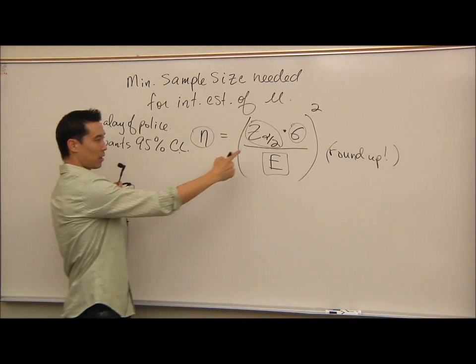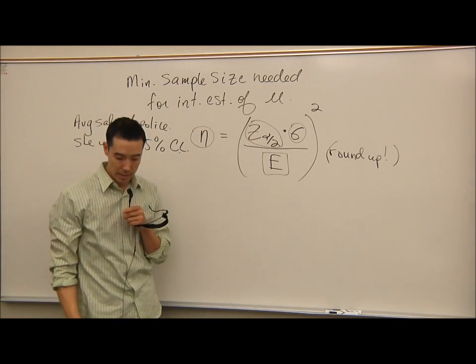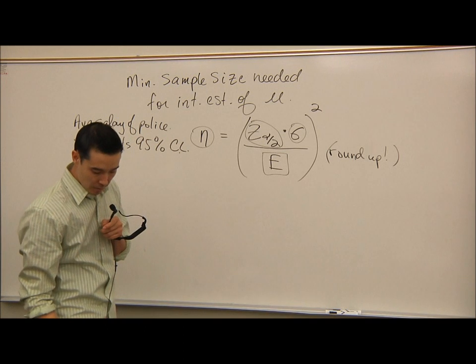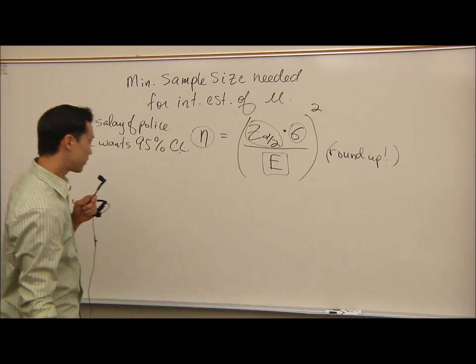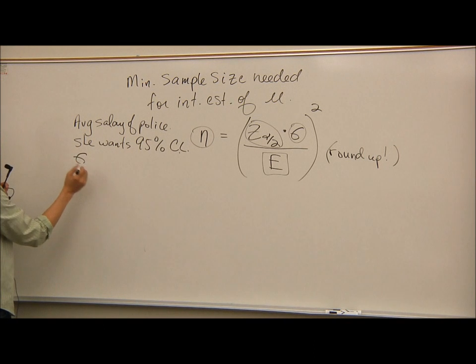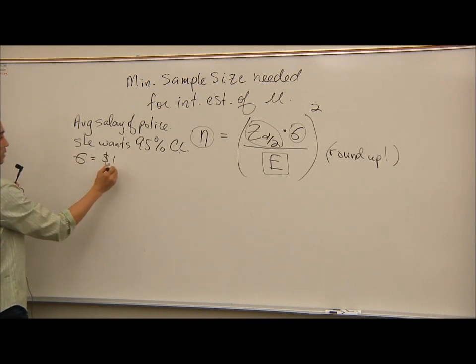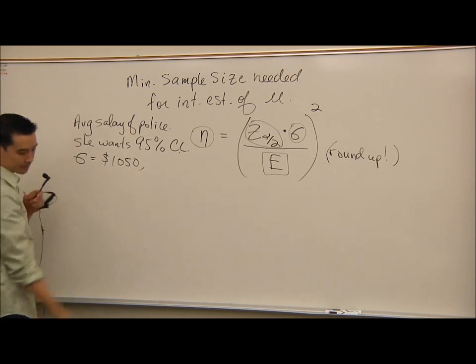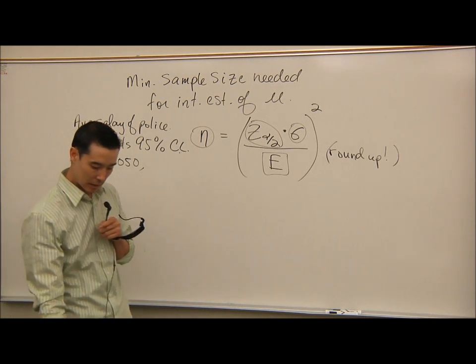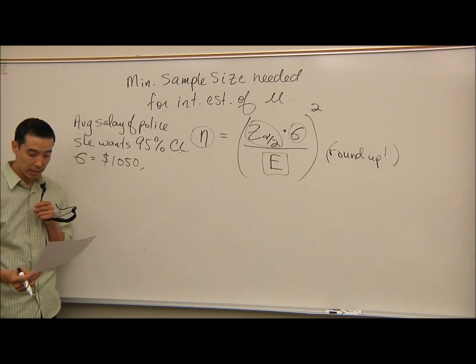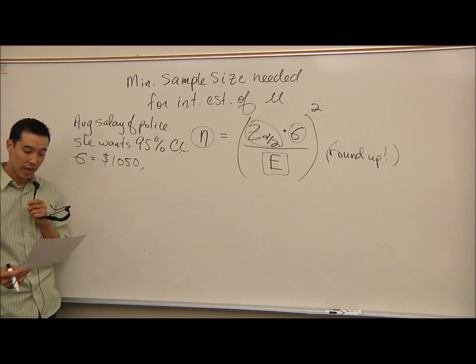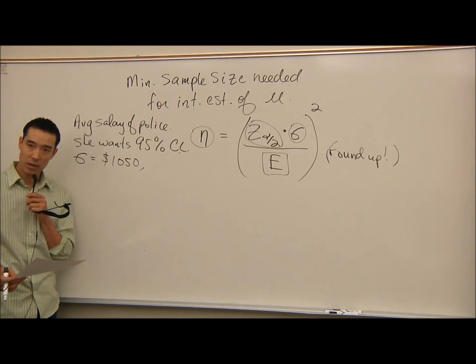That's going to tell us what z sub alpha over 2 is going to have to be, right? The population standard deviation is known to be 1,050. Then the question says, how large a sample is needed to be accurate within $200?